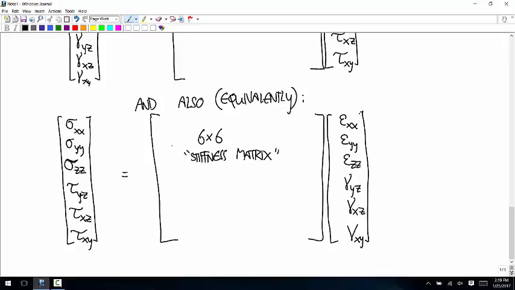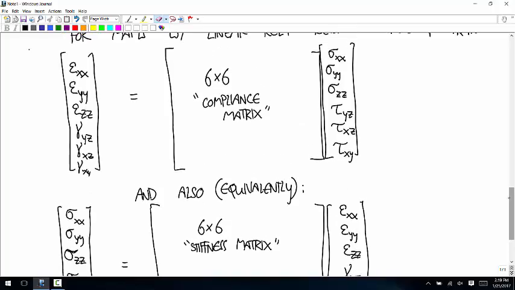Okay, and is there a relationship between the stiffness matrix and the compliance matrix? If you think of it as, what matrix would you have to multiply to the left of both sides to isolate the opposite column vector? These are inverses of each other.